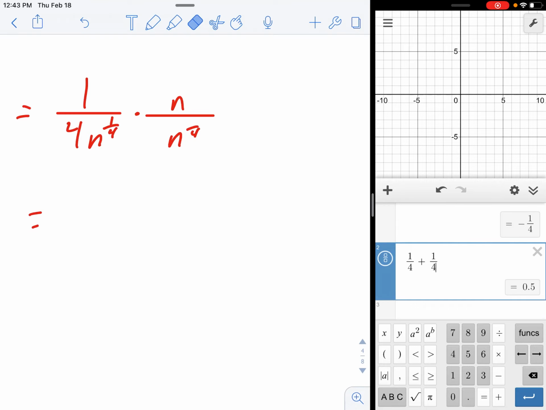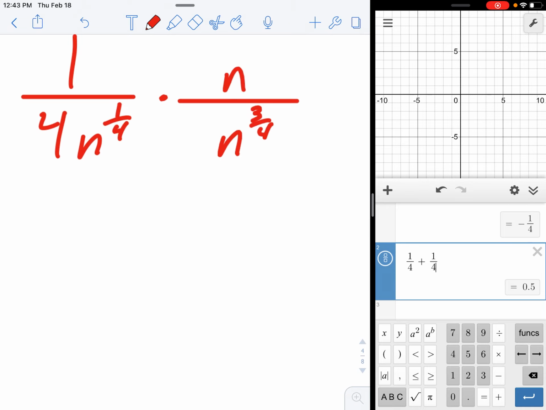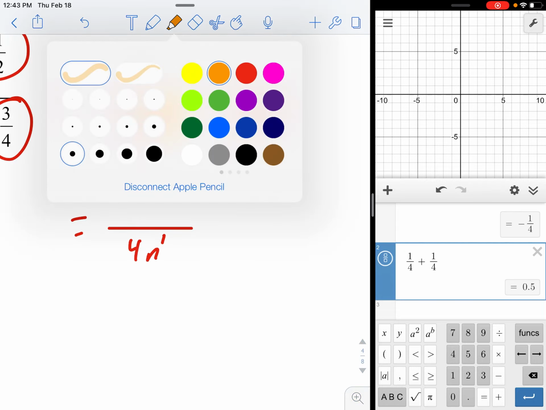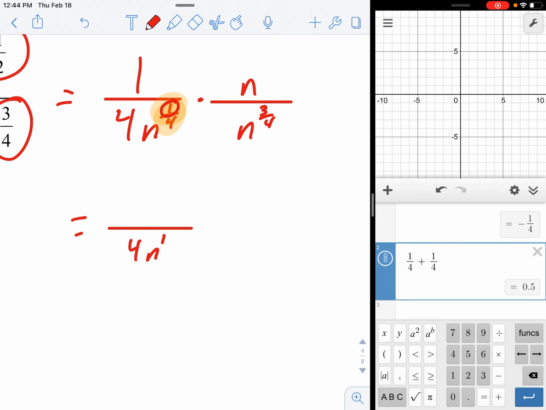Instead of 1/4, we actually need to use 3/4. Why? Well, what we want in the bottom is no fractional power. That means we want a whole power, one whole. So the question is, what can you add with 1/4 to get one whole? Well, one whole is 4/4, right? So you need to add a 1 with a 3 to get 4.